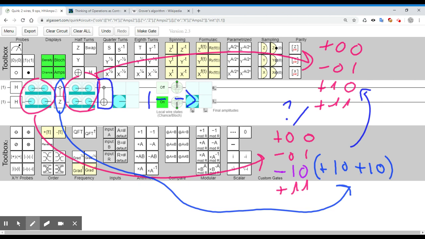How would you flip that mathematically? So now, if I apply that and I flip all the signs, now I get a minus 0 0 plus 0 1. This becomes a plus 1 0, and this becomes a minus 1 1.